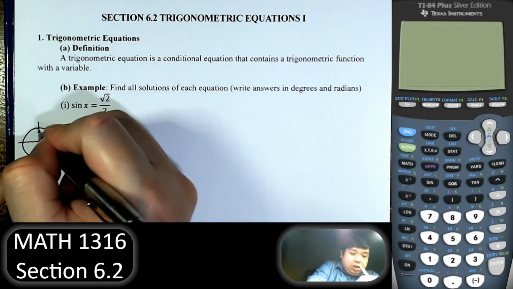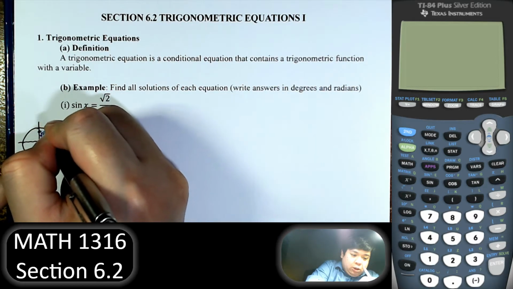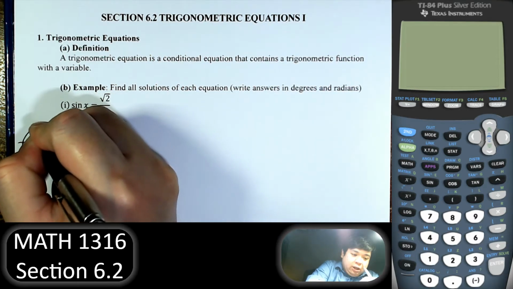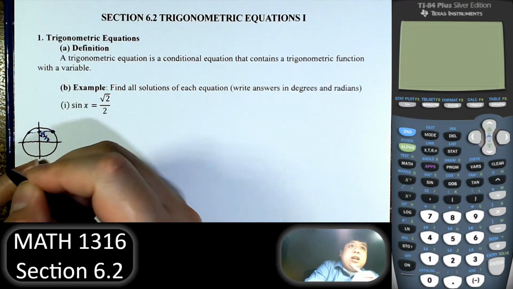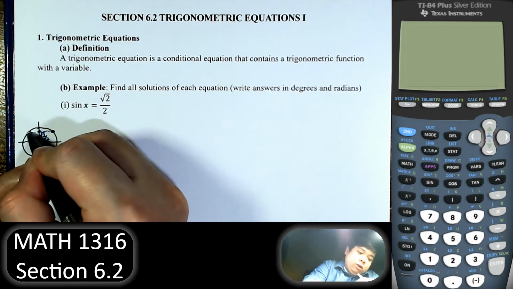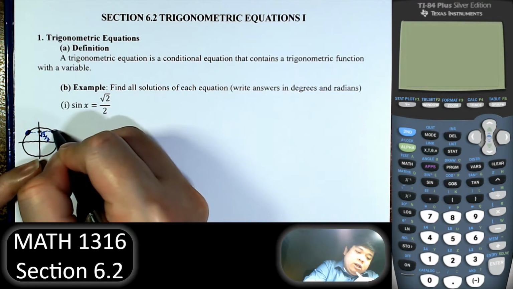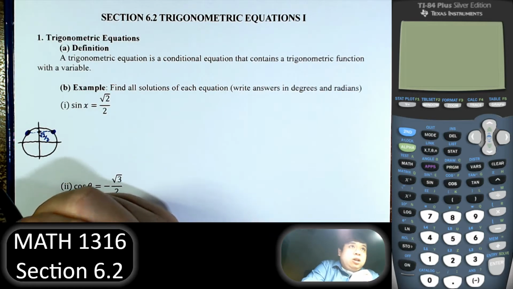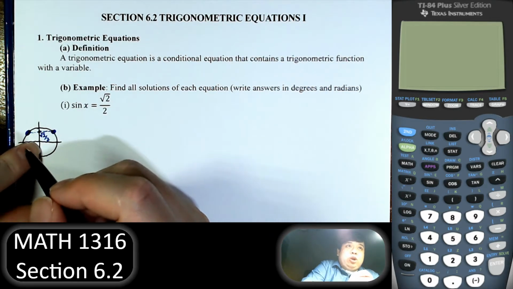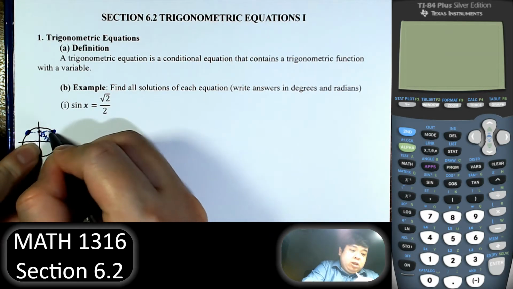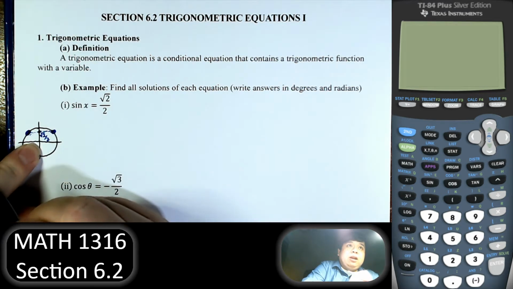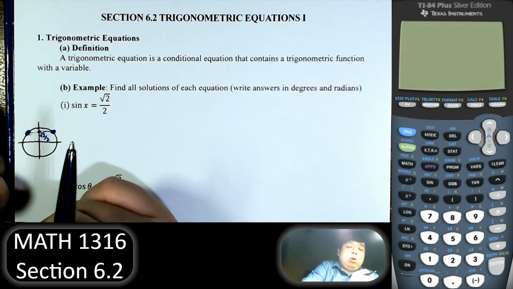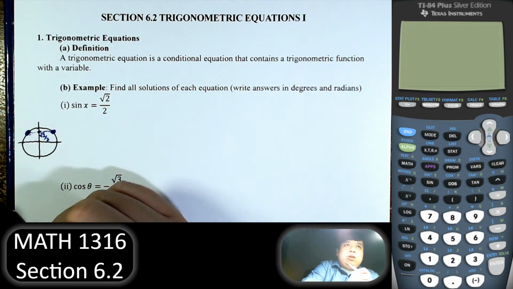There will be two points, one over here and one over there. These two points have the same y value of square root of 2 over 2, so the sine will be equal to those two values. If it is in a unit circle, of course we can go around and around.